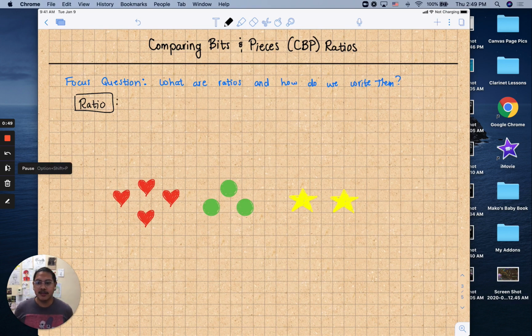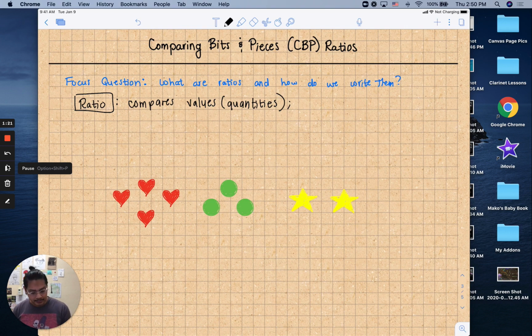So we're going to define the word ratio. Let's first talk about what a ratio does. Well, a ratio compares values. We could also say quantities, amounts of things, right? So it compares values or quantities. In other words, we could also say a ratio says how much of one thing there is compared to another thing.